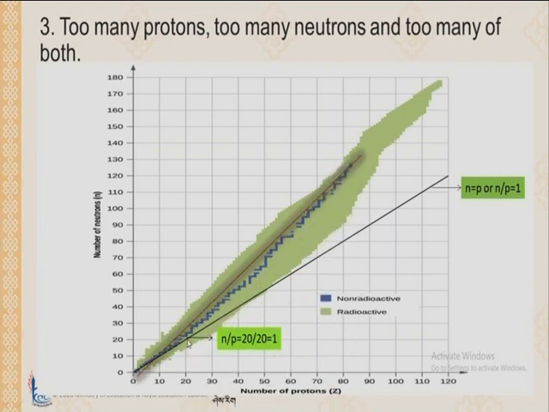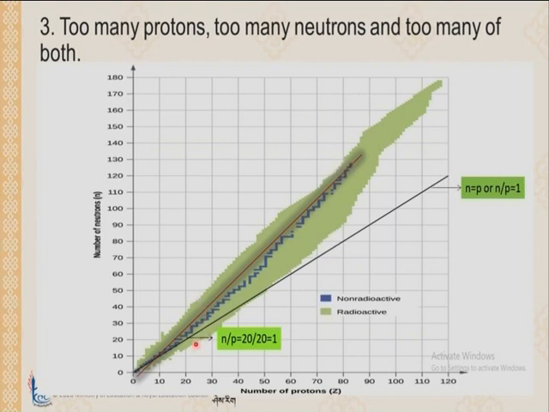Now, next, this blue strip, or the region under this blue strip, contains elements which are very stable. Now, if you see the region beyond this blue strip, they are said to be unstable.